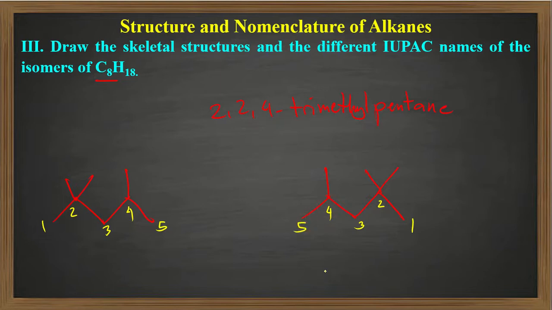Okay? 2, 2, 4, trimethyl pentane. And then we can move one of the methyl in carbon number 2 to carbon number 3. So let's try that one.